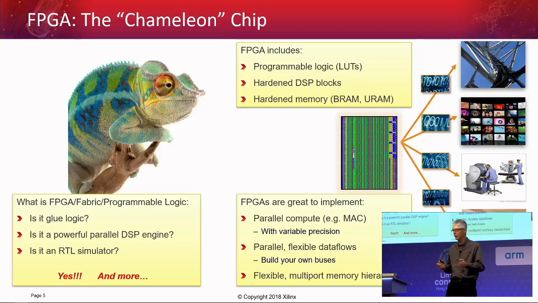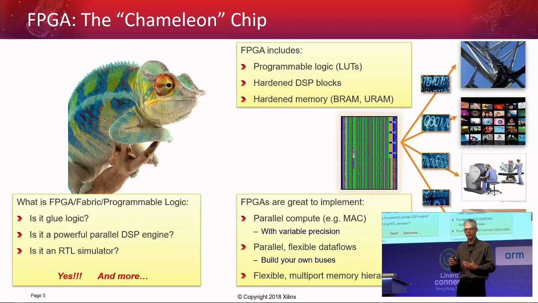Other people knew FPGAs from simulation or emulation. So we have these really big FPGAs, and you put like 8 of them on one board, and then you can simulate new ASIC designs. So some people, that's what they use the FPGAs for, right? So that's the interesting thing. You can use it for a lot of different things. But since it's so programmable, you can have your own buses, as I mentioned, your own data flow.